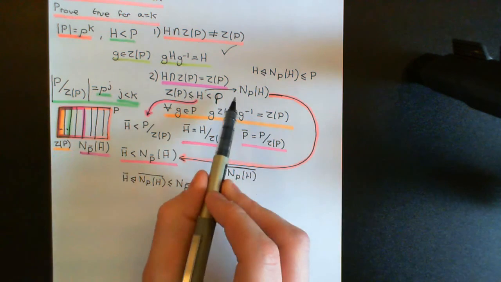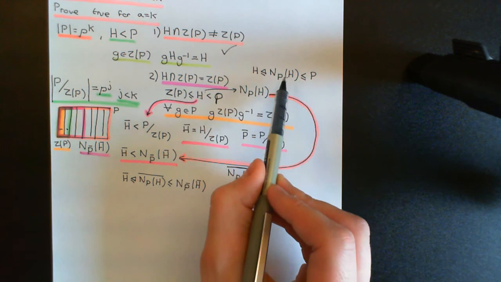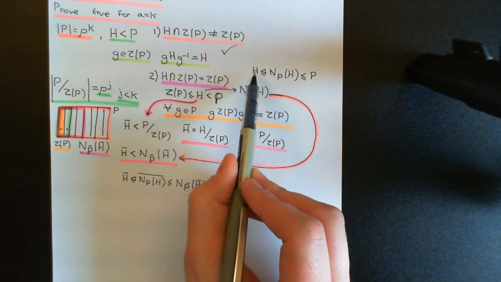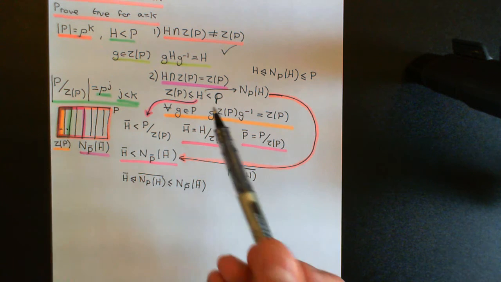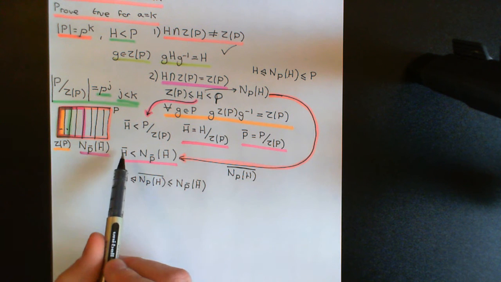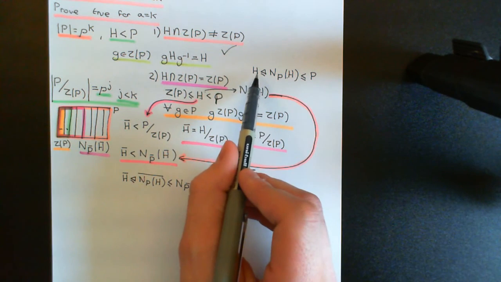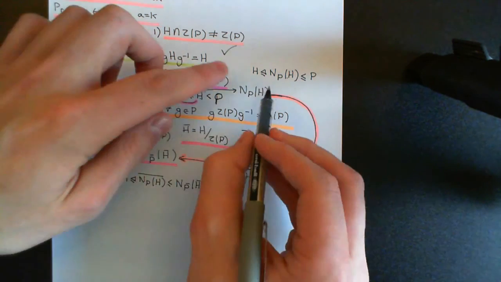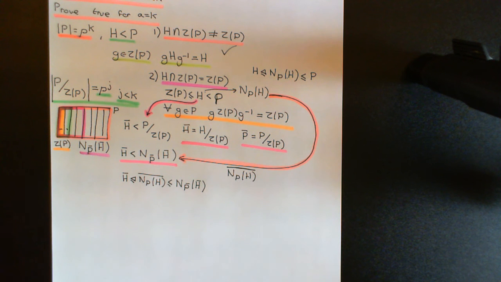Now, because normality transfers in the correspondence theorem, when I take the normalizer of H in P, which contains H normally, and transfer it across here, which I can do just by the normal correspondence theorem, and get the normalizer of H in P bar, this will still normally contain H bar, which is the corresponding thing for H. That's because normality transfers across when we apply the correspondence theorem.